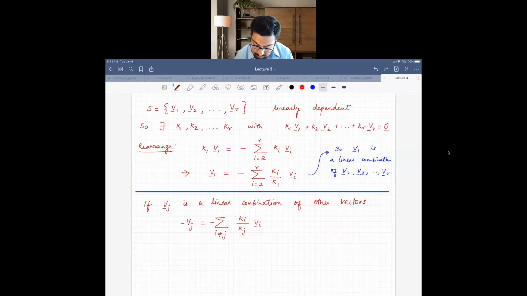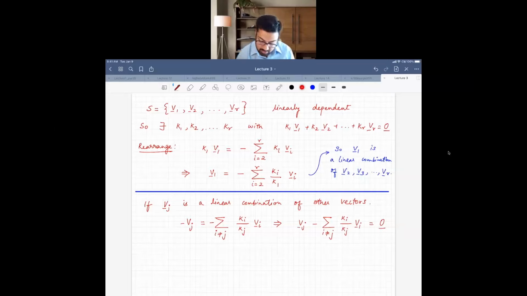What does this imply? This implies that if you bring vj to the right hand side, one will be minus, one will be plus, right? So vj minus summation, i not equal to j, k sub i over k sub j, vi equals the 0 vector. I've just rearranged that.